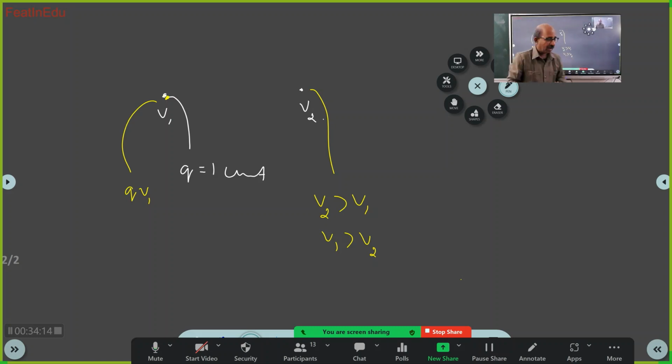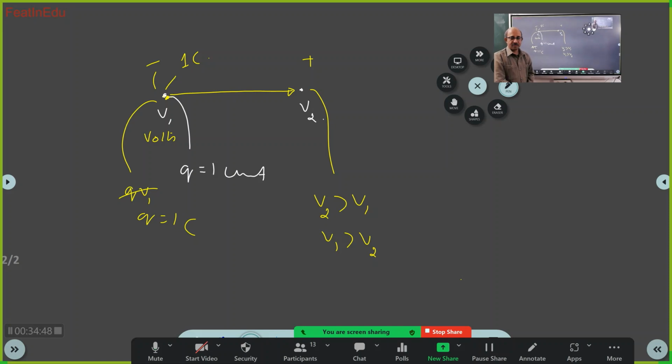Got it? So here, if I move a charge Q equal to 1 coulomb, and potential I will measure in volts. Supposing this is at lower potential and this is at higher potential, I take a charge of 1 coulomb and move it from here to here.